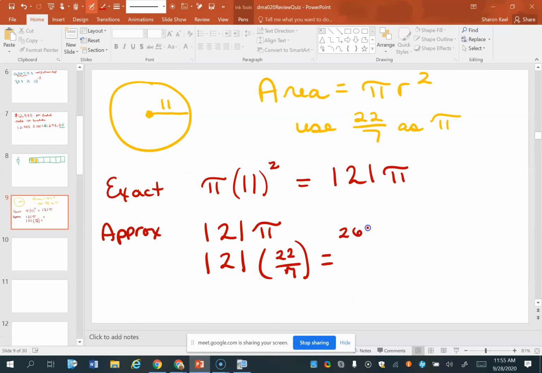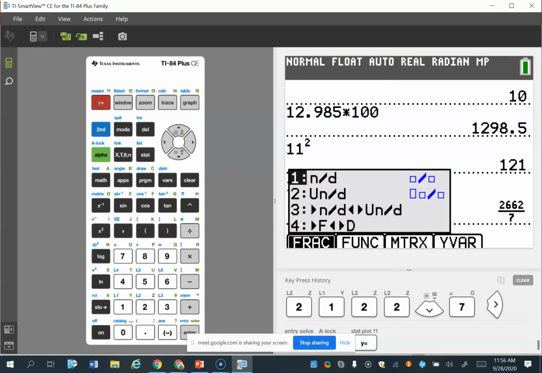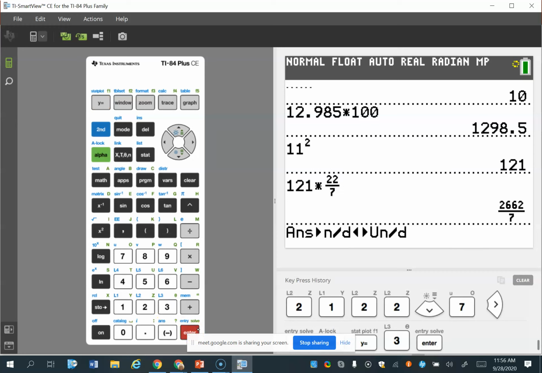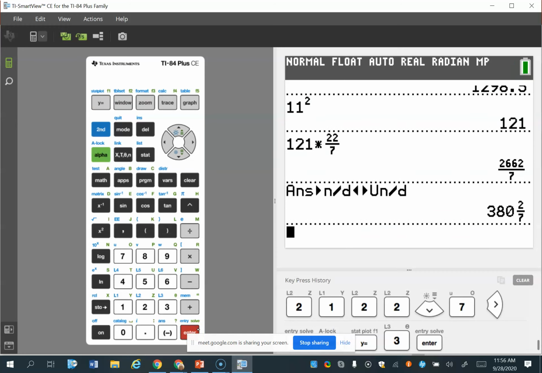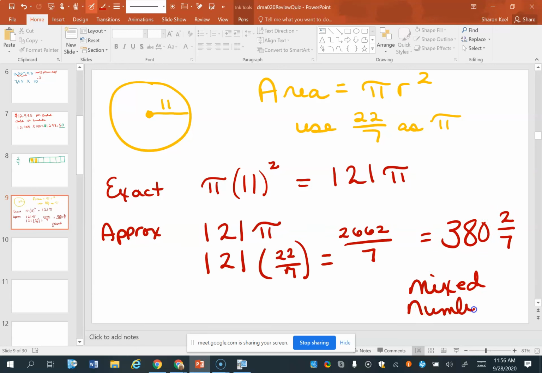So we have 26620 over 7, and we convert to a mixed number, and that will give you 380 and 2/7. 380 and 2/7, because we want the answer written in this format.